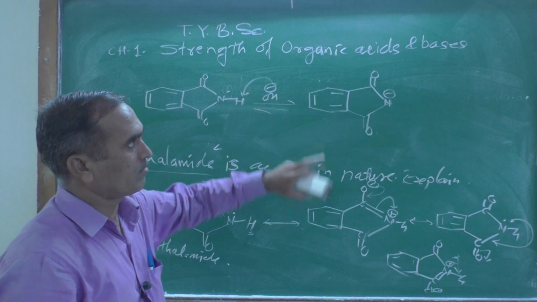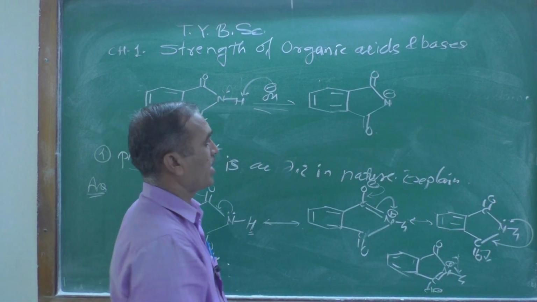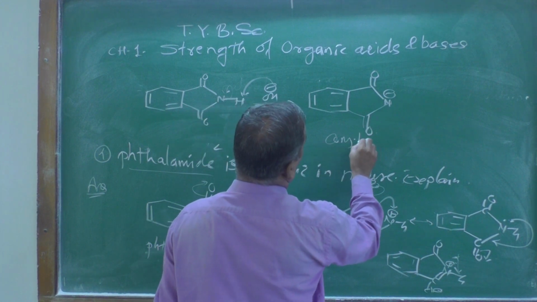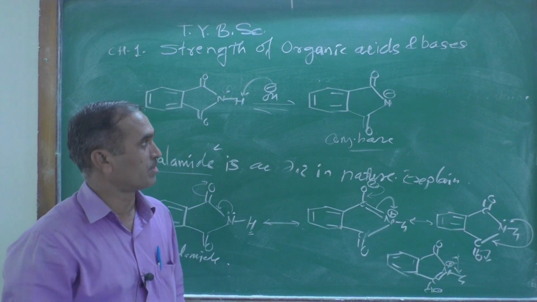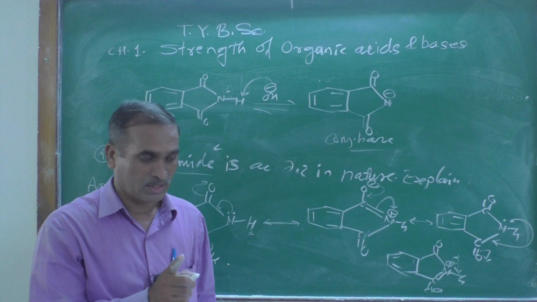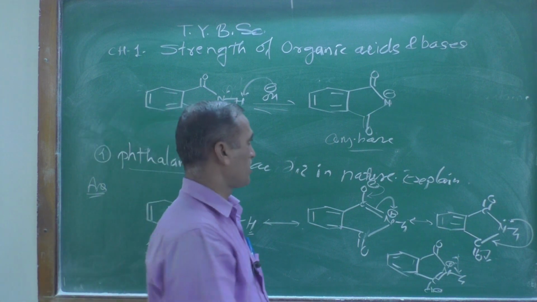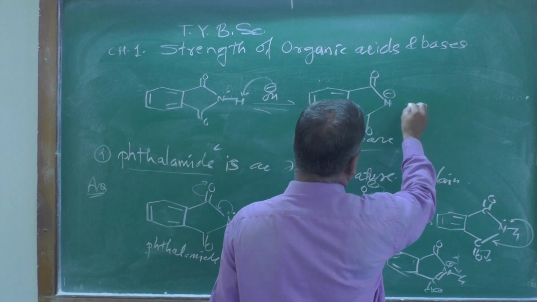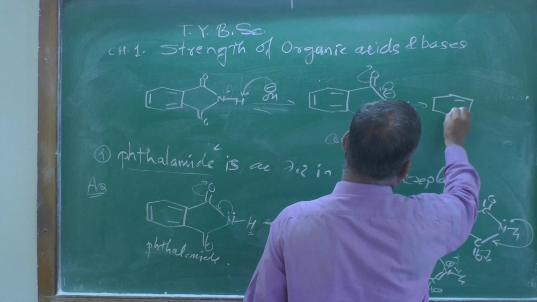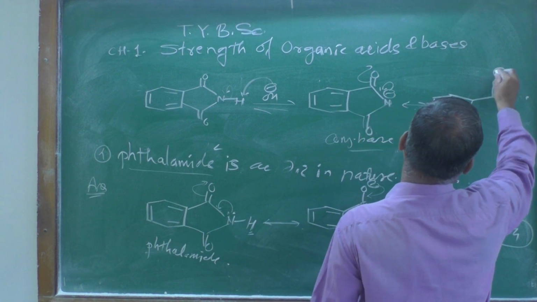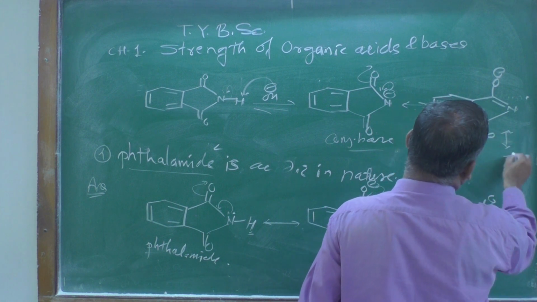After picking up the proton, whatever negative charge is left on that nitrogen atom, this species is called a conjugate base, right? And as I told you in the beginning lecture, if the conjugate base is stabilized, the acidity goes on increasing. Hence this negative charge forms a double bond over there, so that you are going to get another structure, O minus double bond N, then this one, and again you can write more.